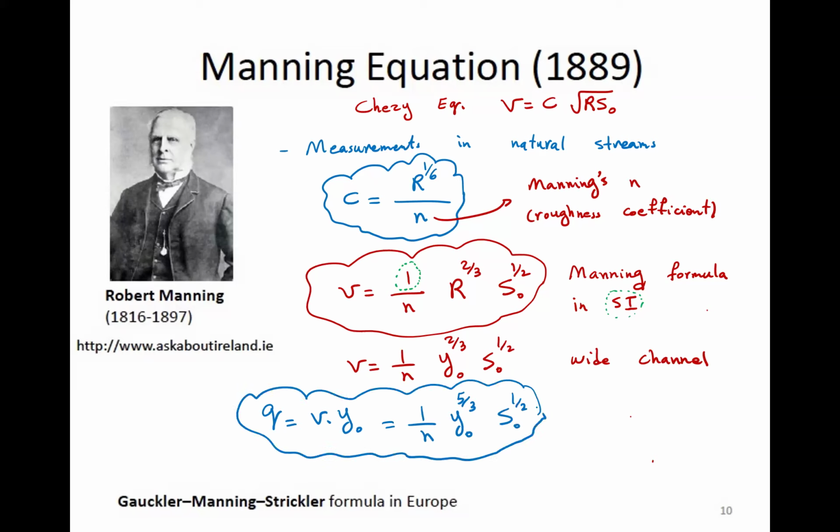So uniform flow in an open channel will be equal to, discharge will be equal to the slope raised to 1/2, normal depth raised to 5/3, and then multiplied by some coefficient of roughness, 1 over n. And again, this is the Manning formula for resistance.